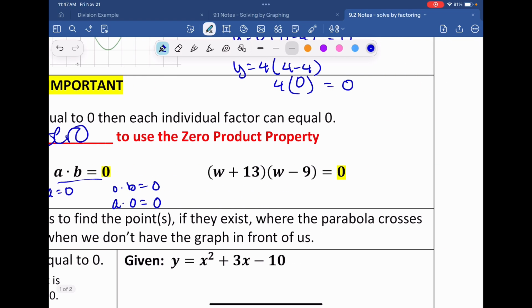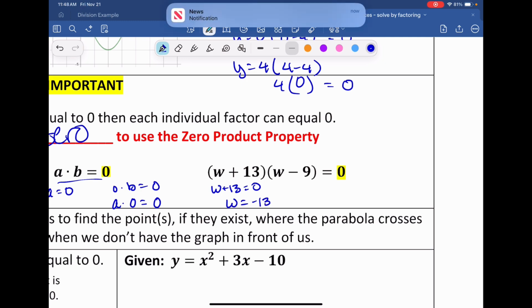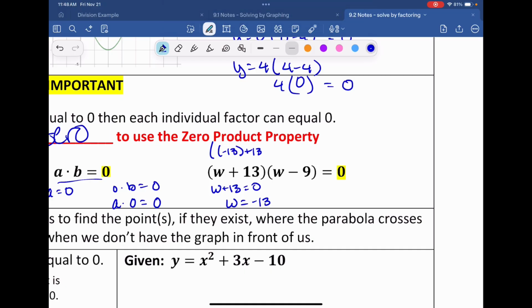Then we've got w plus 13, w minus 9. If I set these equal to 0, let's say I plug in that negative 13. All right, so that's going to give me 0 times negative 22. Well, that's going to be 0.